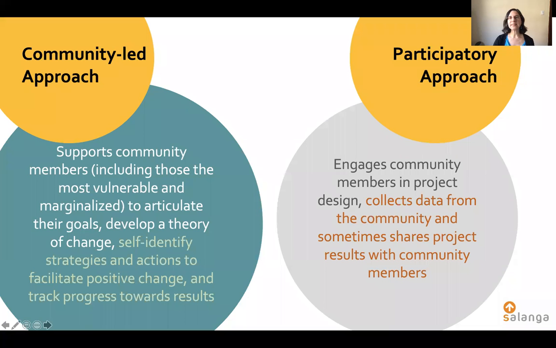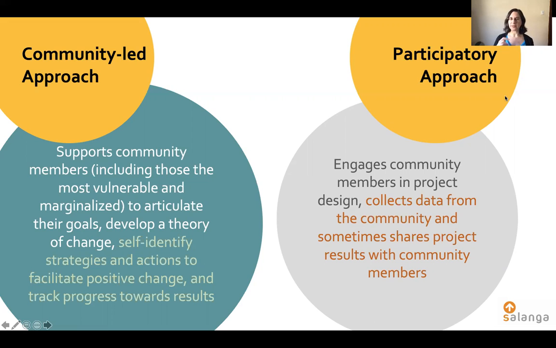So what is the difference between a community-led approach and a participatory approach writ large? This is Salenga's definition. There are going to be different takes on these terms, but basically it can be summarized by the question, whose agenda is it? In the community-led approach, it's really the community that defines the agenda.